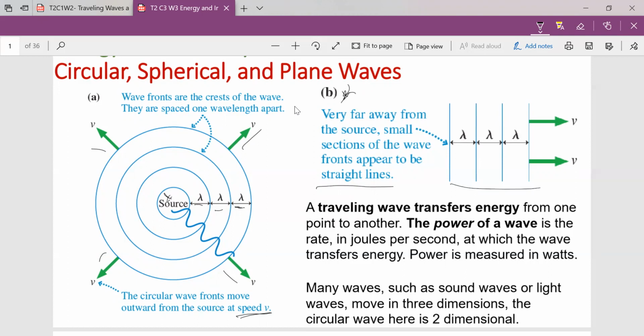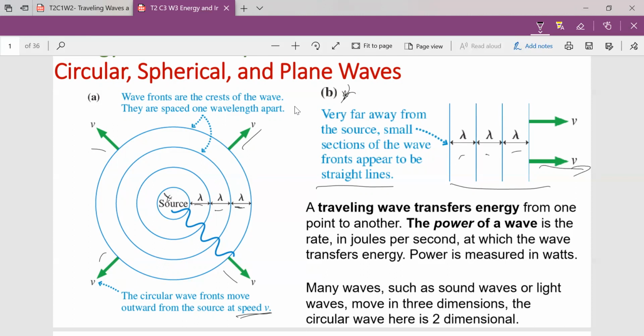Okay, so it is curved, but if you take a snapshot of a section, it appears to be a straight line with the same wavelength spacing, spreading out in that direction.